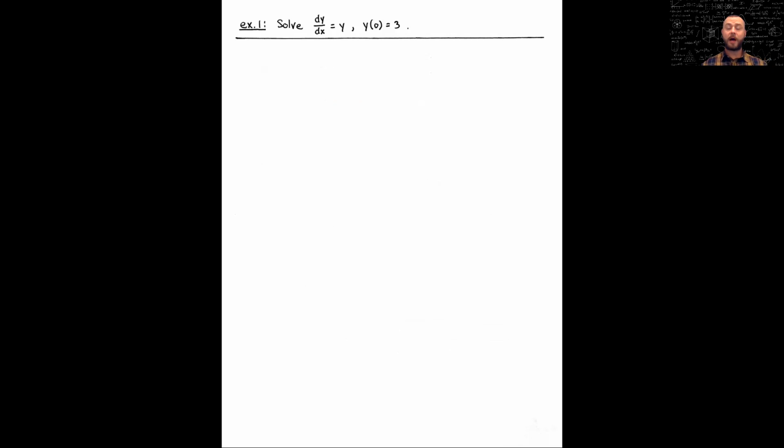I'd like to go through one with you together that's rather simple. So we're going to work through example 1 together, where we're going to solve the differential equation dy over dx equals y. And we have an initial condition given to us, y at 0 equals 3. So the notation here, because we're thinking of y as a function of x, is saying when x is 0, the y value is 3.